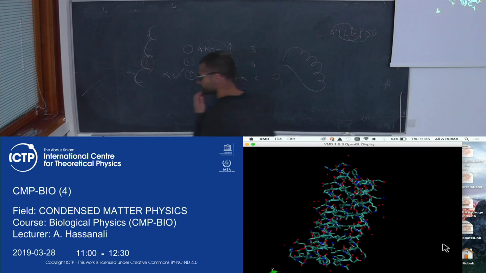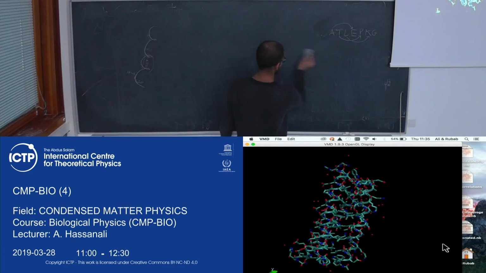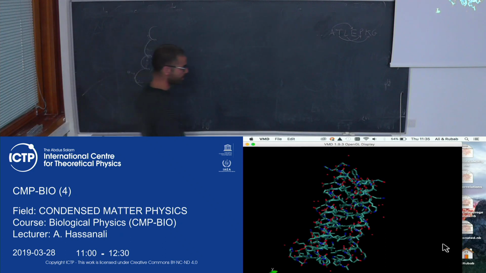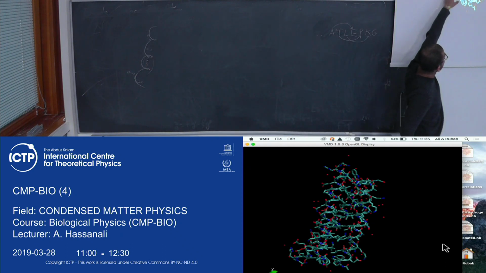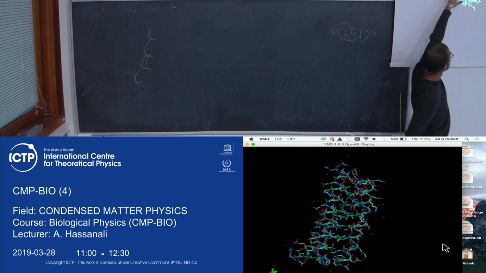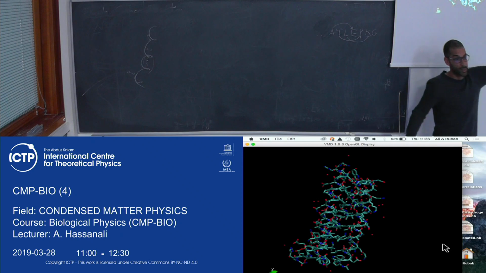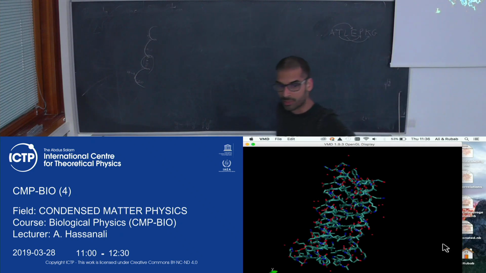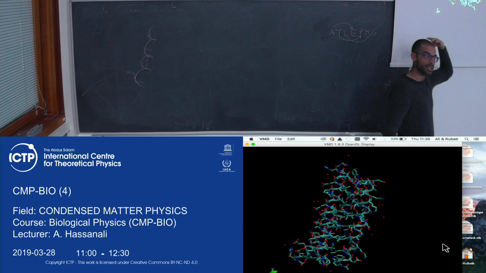Again, the color codes are oxygen is red, carbon is gray, and blue is nitrogen, in the protein. These guys here are water, crystallographic waters. When you do an X-ray experiment, you're doing these at very low temperature, and so sometimes water molecules get trapped in the structure. Of course, all these proteins function in a liquid environment.